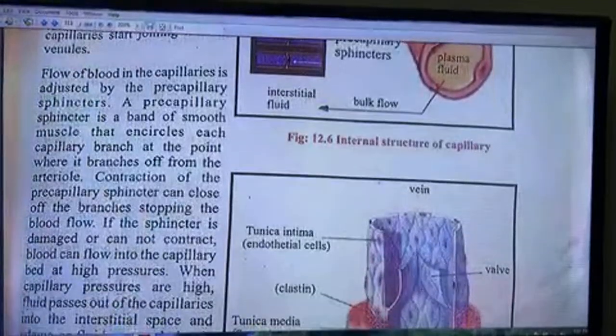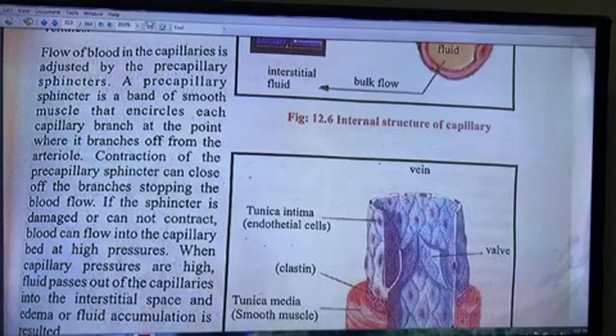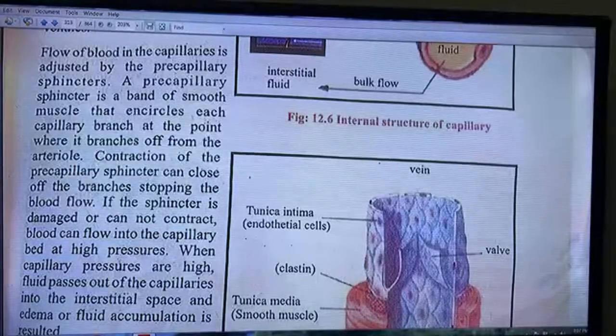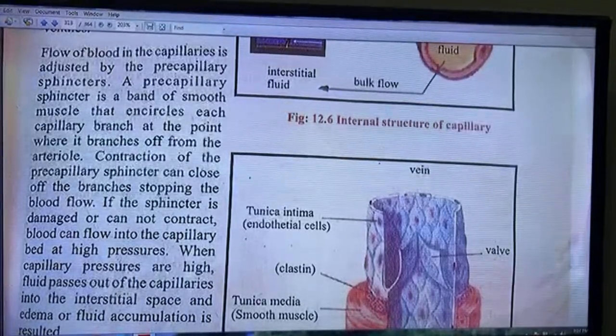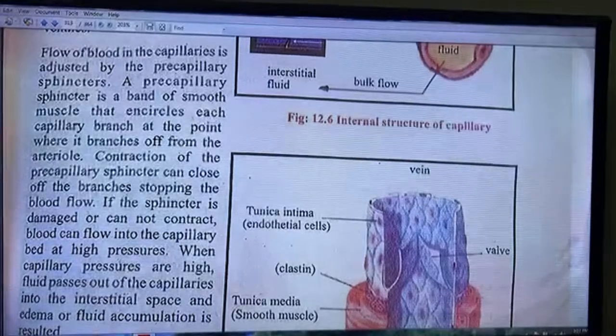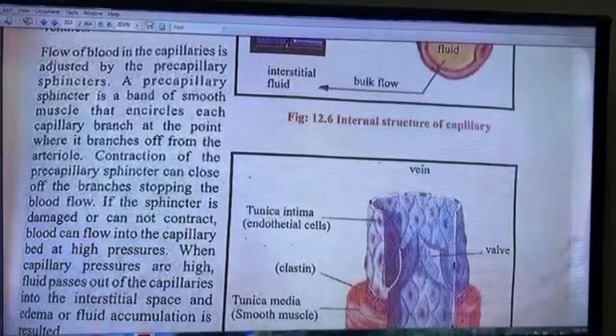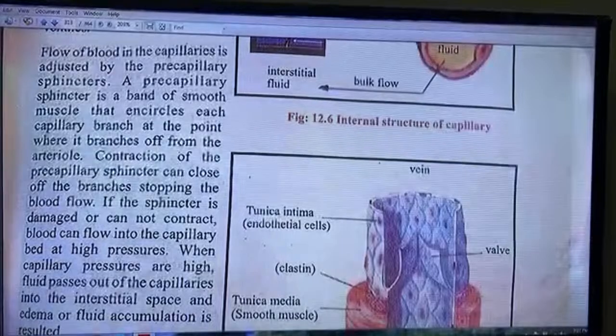Flow of blood in the capillaries is adjusted by precapillary sphincters. A precapillary sphincter is a band of smooth muscle that encircles each capillary branch at a point where it branches off from the arteriole. Contraction of the precapillary sphincter can close up the branches, stopping the blood flow.